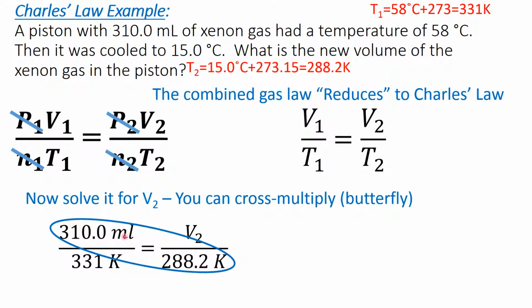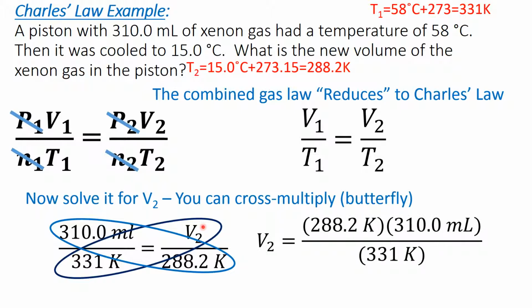So these two we multiply together, and then we divide any numbers that are in the same diagonal with the variable. This is often called a butterfly. So these two numbers are multiplied, and then we divide this, and it equals V2. If we'd solved explicitly for it, it would look like this, but you don't have to write it this way if you don't want to.